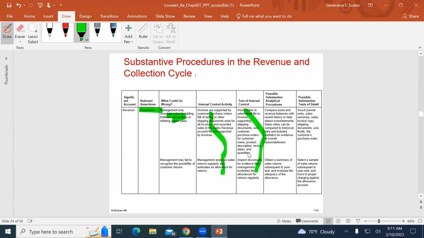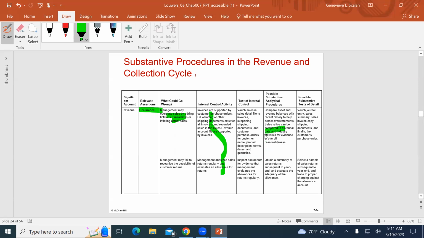We test the documents, and then, right, we might compare balances to help detect overstatements, do some analytical procedures, right? Analytical procedures would never test a control because you're just comparing numbers. So we might do something like a ratio, right?